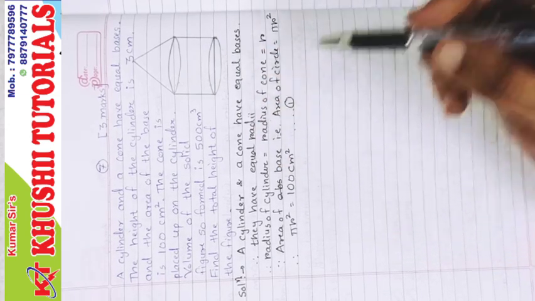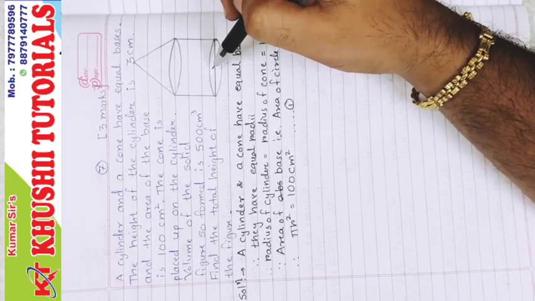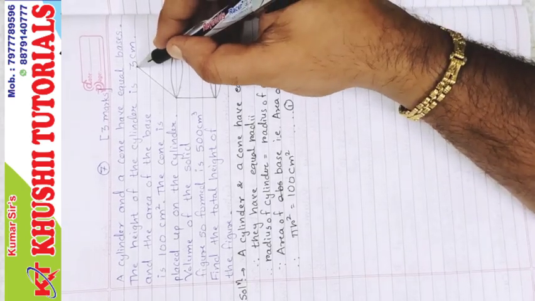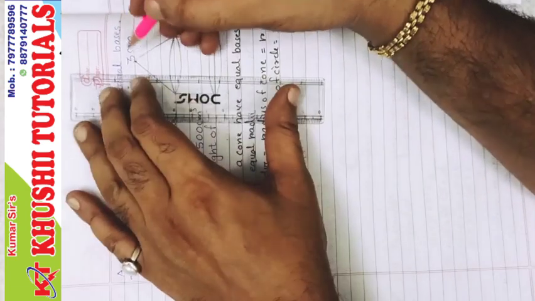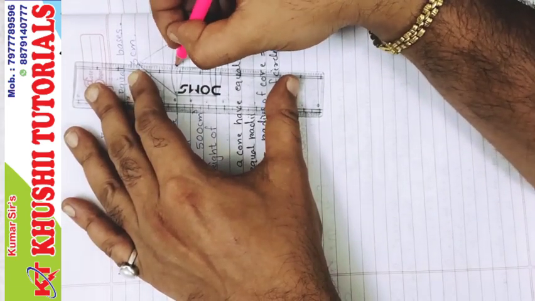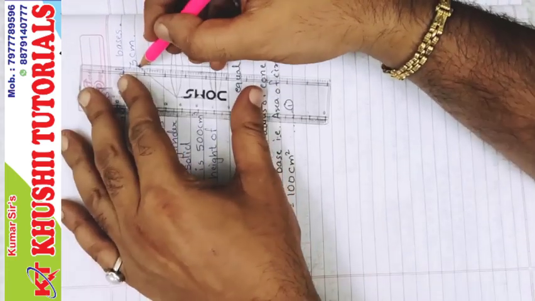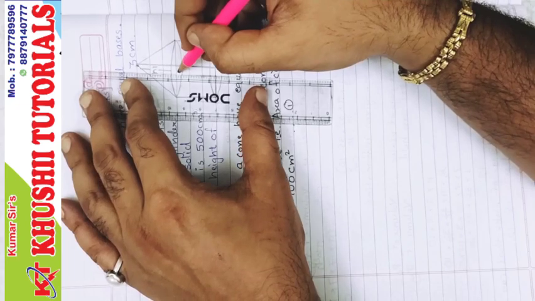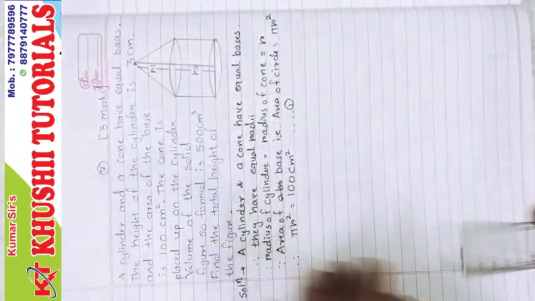Next, let the height. Now we have two heights, height of cone and height of cylinder. So we will assume one height to be h1 and the other height to be h2. So we will assume the height of the cone to be h1 and the height of the cylinder to be h2.